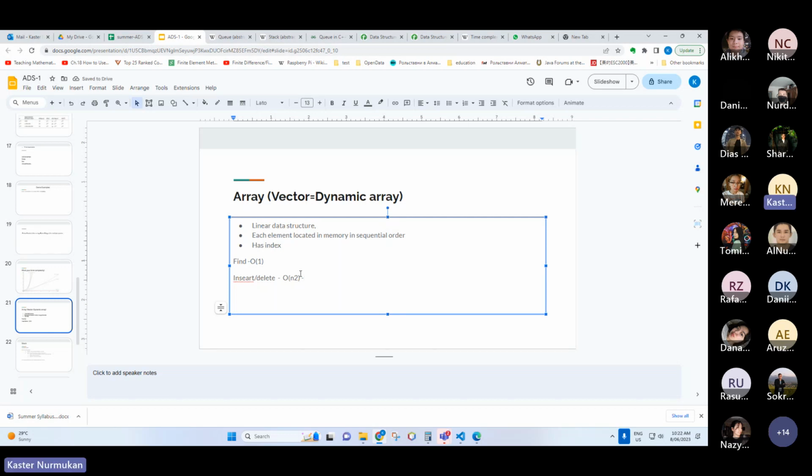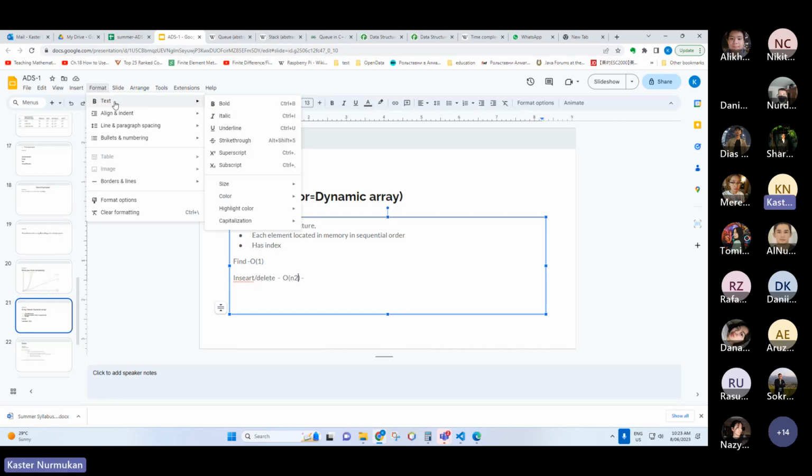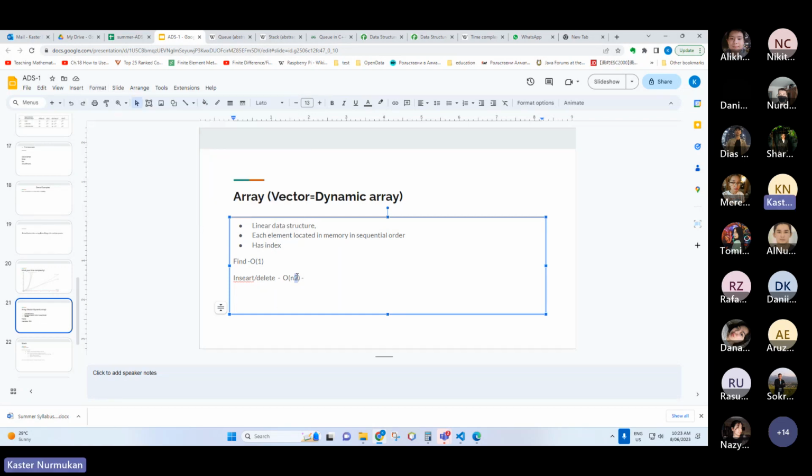How can we represent this in a mathematical way? All right, so that's cool.